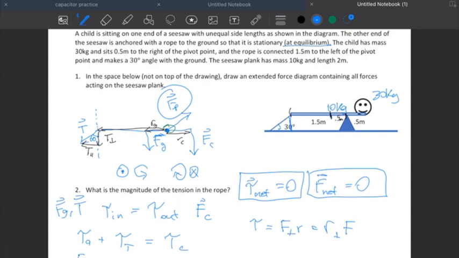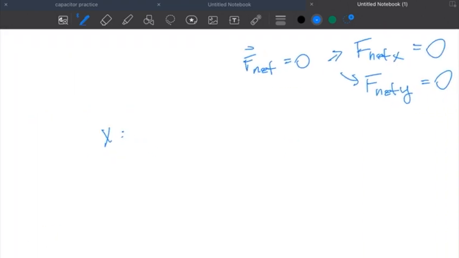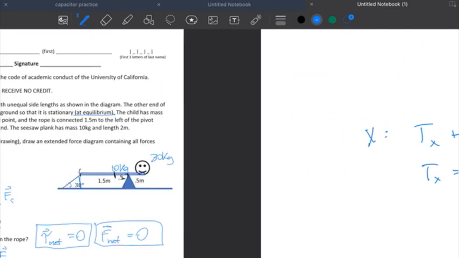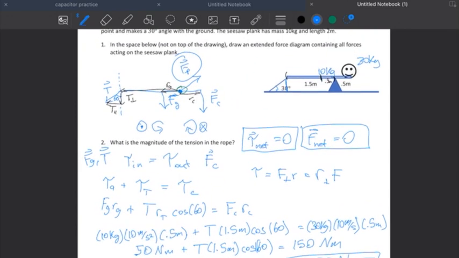Or if we wanted to say that in terms of just summing them together, we could say that the tension force X component plus the pivot force X component equals 0, which gives us that Tx equals negative Fpx. We know what our tension force is, right? We figured out that it's 133.33 newtons.